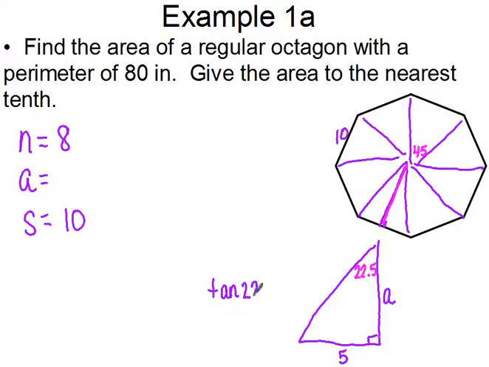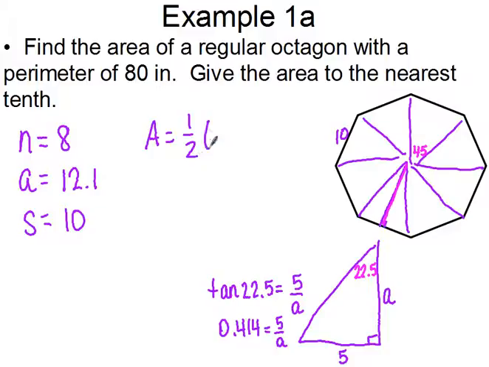So we do tangent 22.5 equals opposite over adjacent. And you're going to solve it just like the last one. You're going to do tangent 22.5 and get 0.414 equals 5 over a. Last time we multiplied by a to both sides, got 0.414a equals 5. So you're going to take 5 divided by 0.414, and we're going to get 12.1 for our apothem.